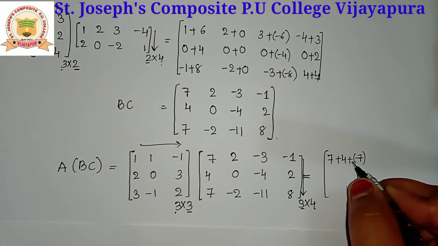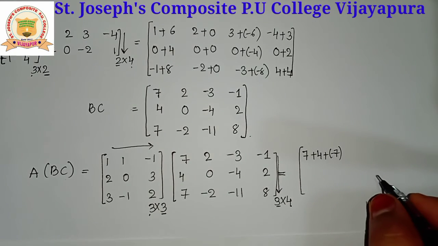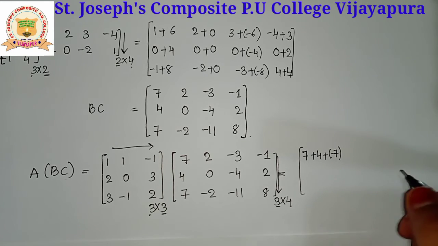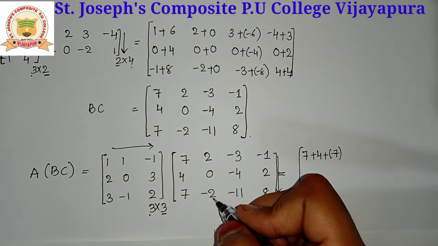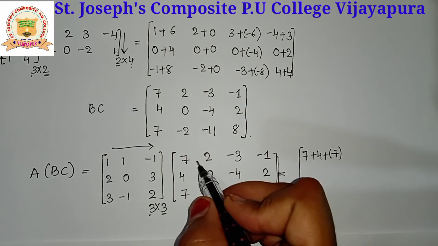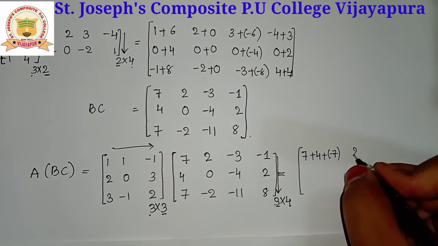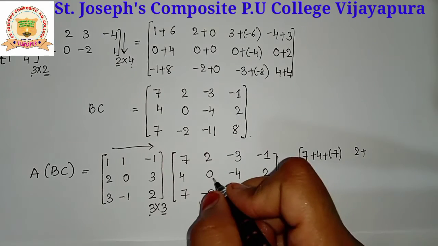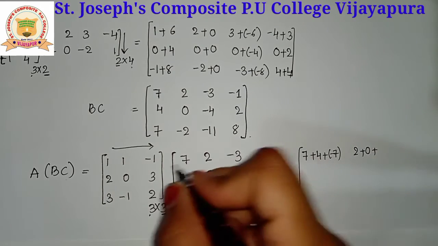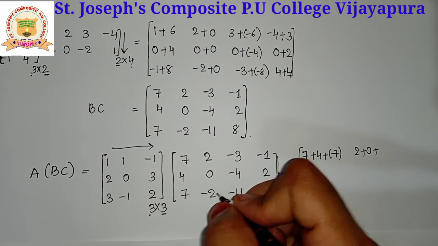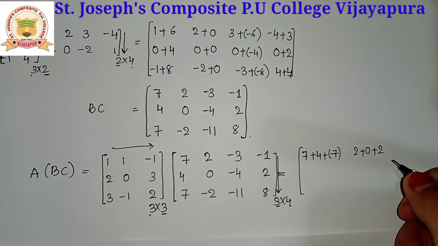This is our A11. In the same manner, A12, first row, second column: 1 into 2 is 2, plus 1 into 0 is 0, plus minus 1 into minus 2 is plus 2.